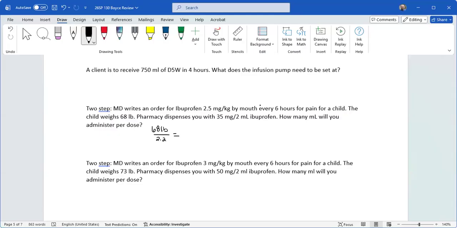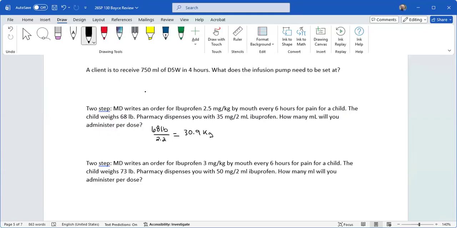But again, this is one of those that you want to confirm with your instructor. The actual answer for this is 30.909090 repeating. So I just rounded it to the nearest tenth. That should be fine. But again, if your instructor doesn't want you to round until the end, make sure you get some clarification on that.